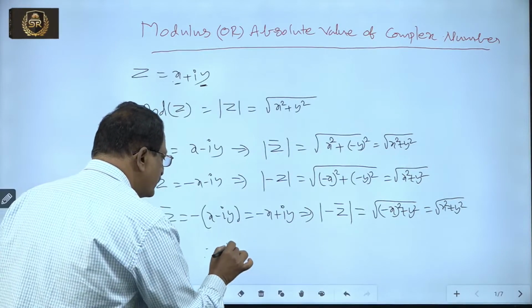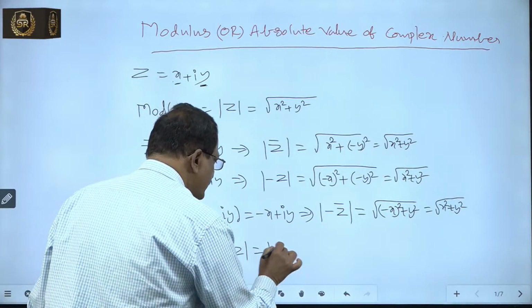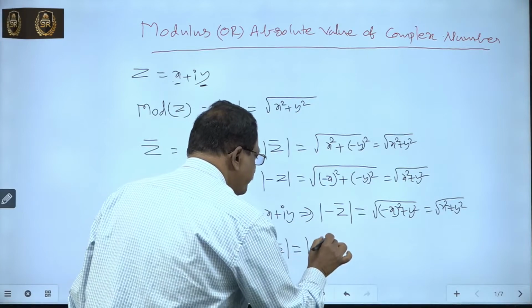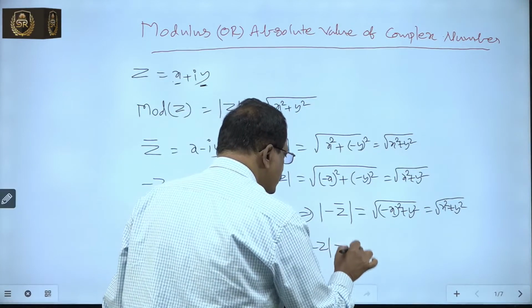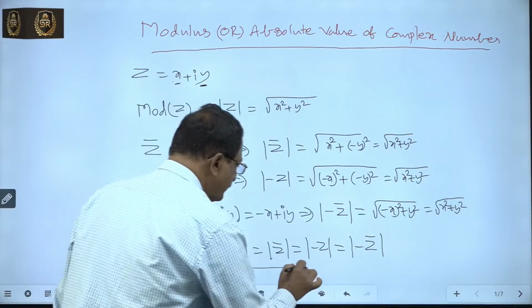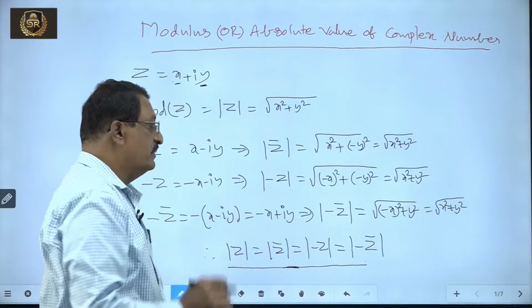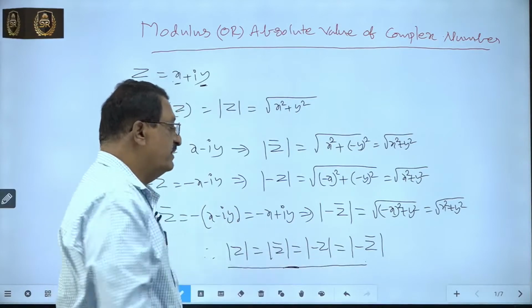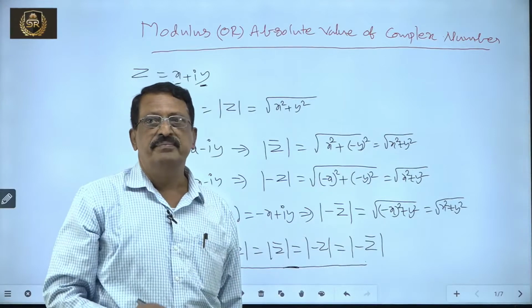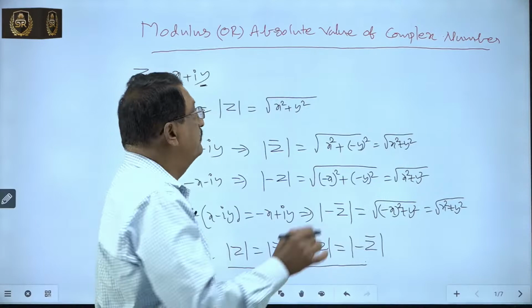Therefore, mod z equals mod z bar equals mod of minus z equals mod of minus z bar. These four are equal. All are the same in magnitude.